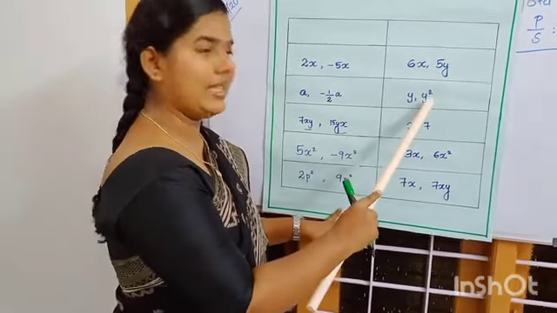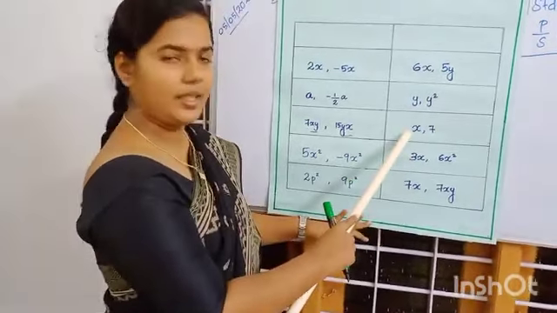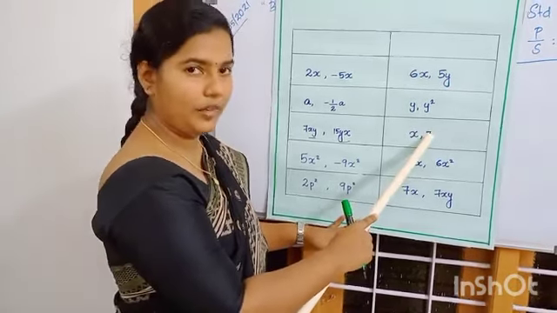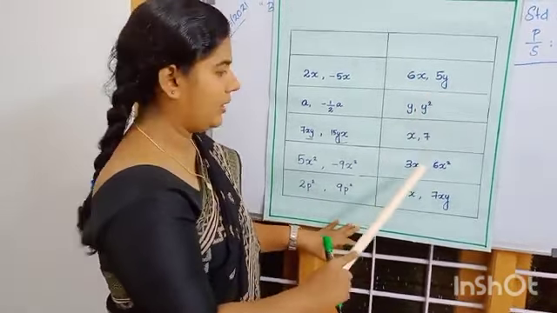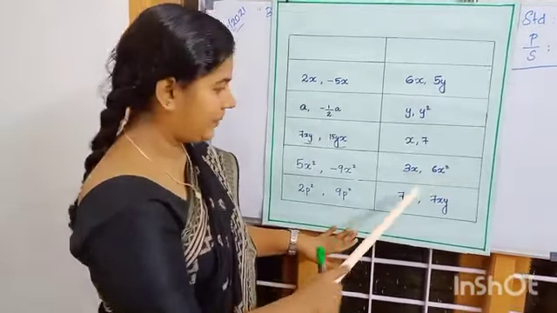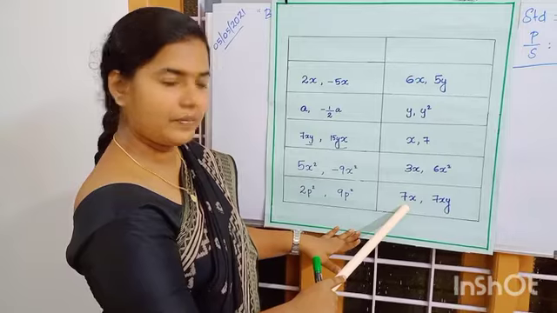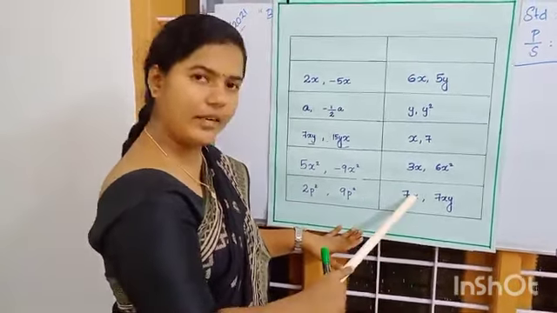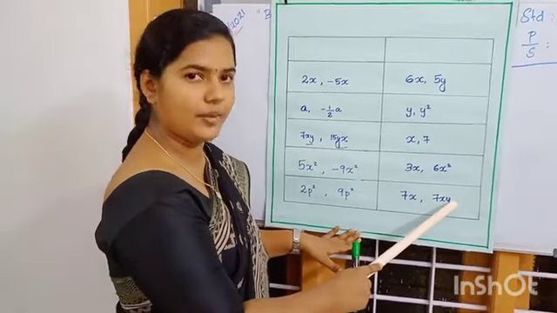It's y and it's y square. Here, it's x and there is no variable. It's a numeral. And here, we have x and x square. Here, yes, it's x and it's xy. Here it is only a single variable and here we have two variables.